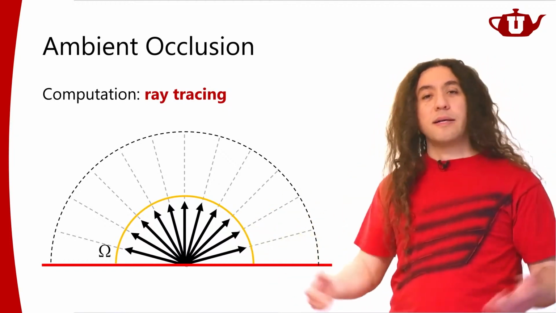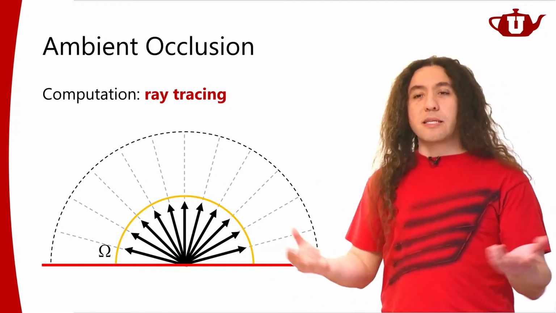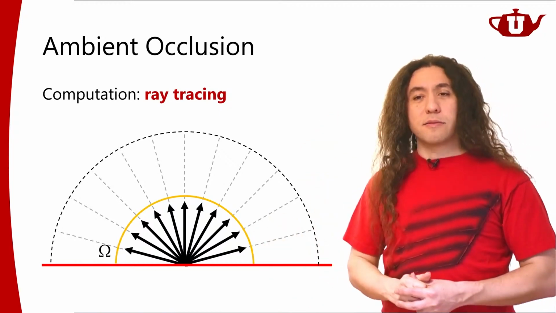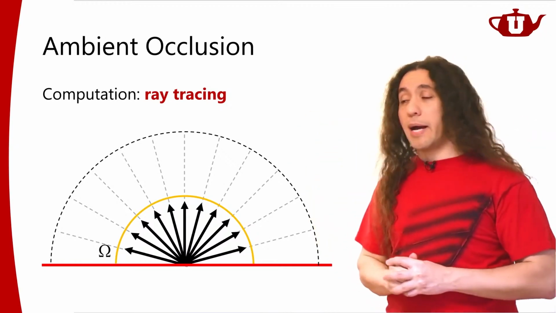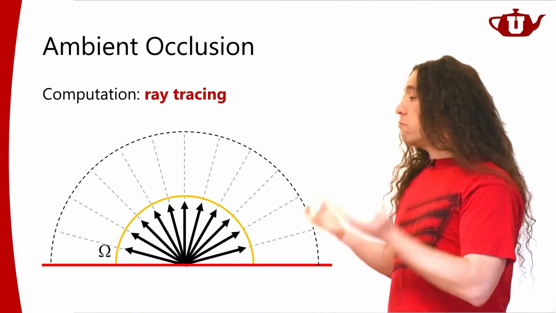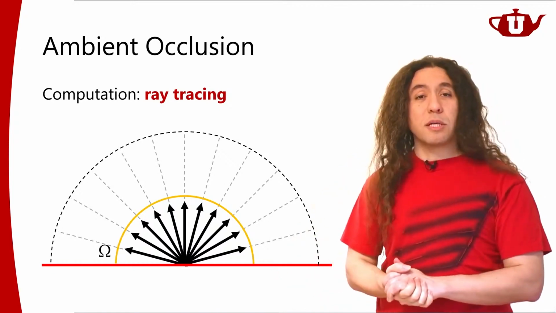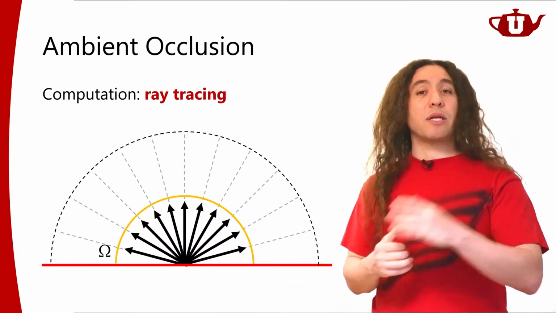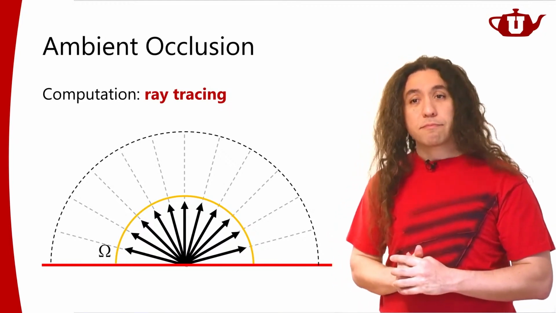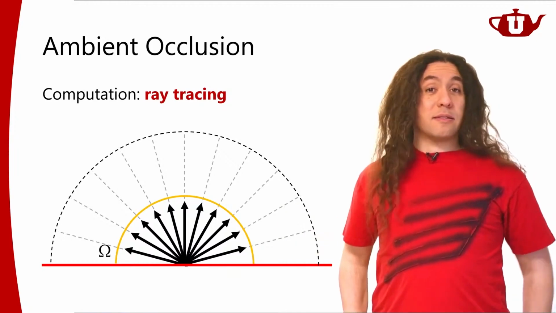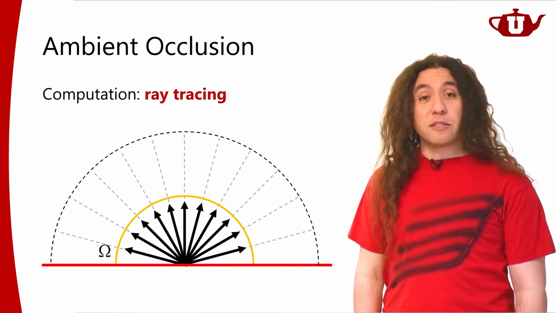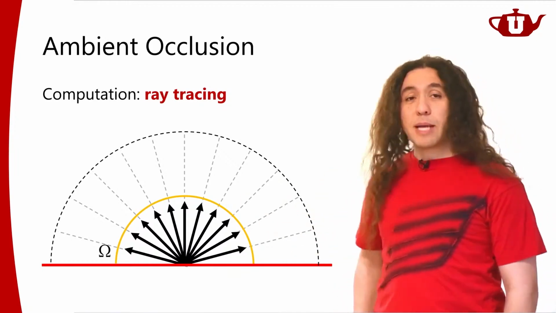So I can pick a number, say 100 rays, send them in all directions over the hemisphere, and tell what percentage of them are occluded. Based on that, I can tell what my ambient occlusion value is supposed to be. Of course, you just put them in the integral, and then you estimate the value of that integral with some finite number of samples.